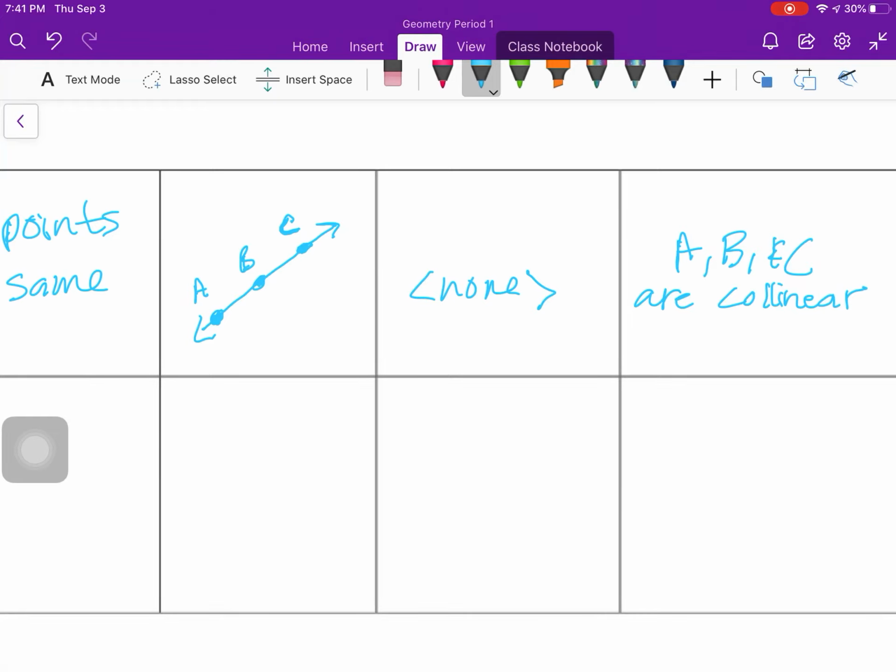And let's throw another little example here. Let's have another point somewhere over here. E. Is E on that line?